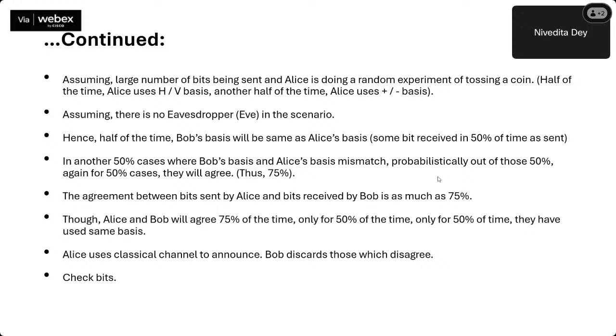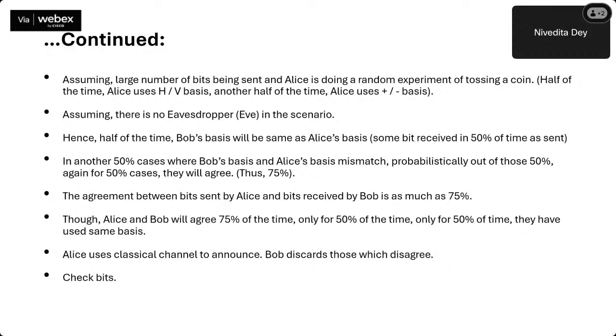So for that we will be getting, in another 50% of cases, just consider point number 4, in another 50% of the cases where Bob's basis and Alice's basis mismatch, probabilistically out of those 50%, again for 50% of cases, both of them will agree. So thus for 75% of the cases, there will be a probabilistic match.